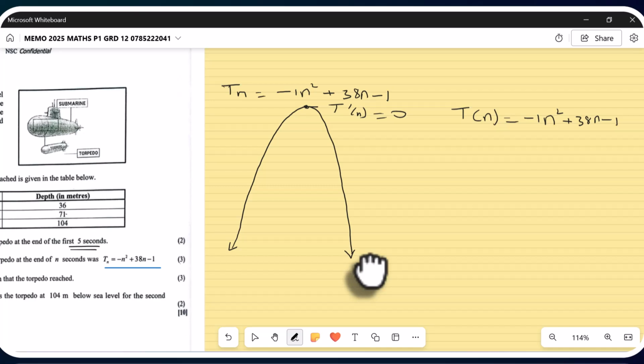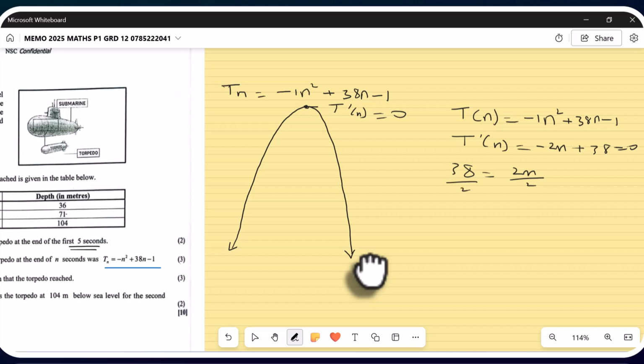Then it must be equated to 0 because of the turning point. So now our 38 equals 2n, divided by 2. So our n is what? It is 19. So it means that after 19 seconds, that's when we get our maximum height.